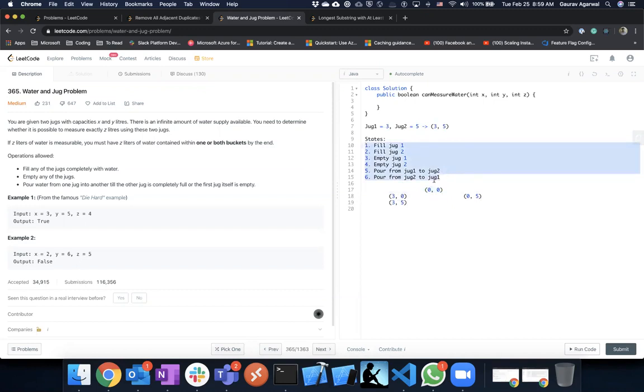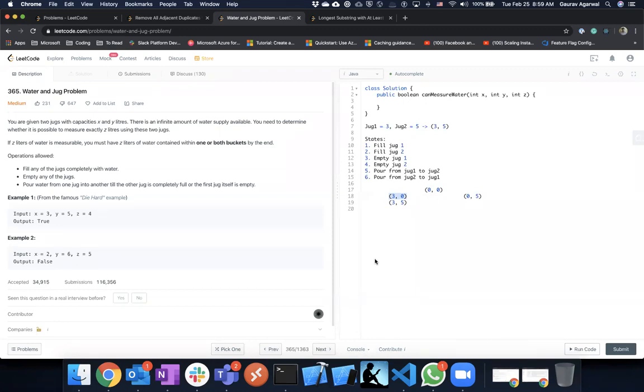Now we are looking at the second left child, and we repeat the same operation. If we reach the same state again, we will discard it.